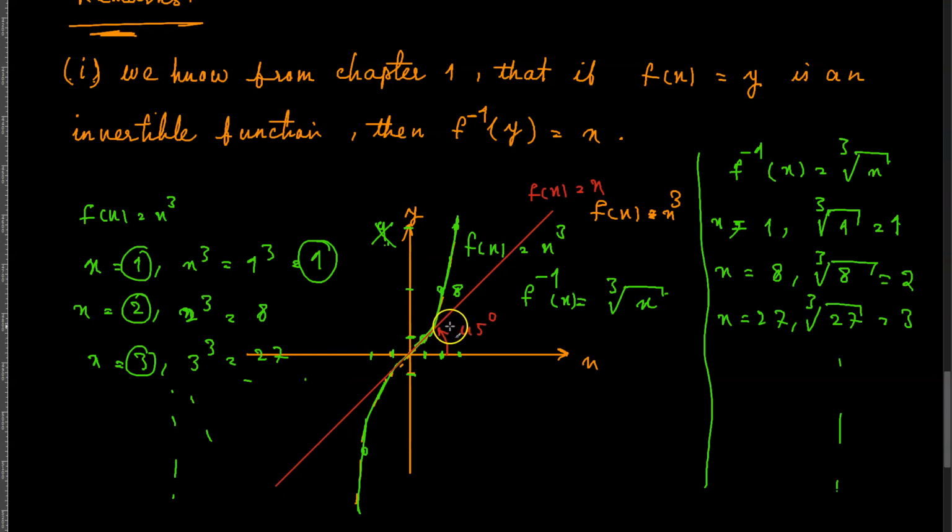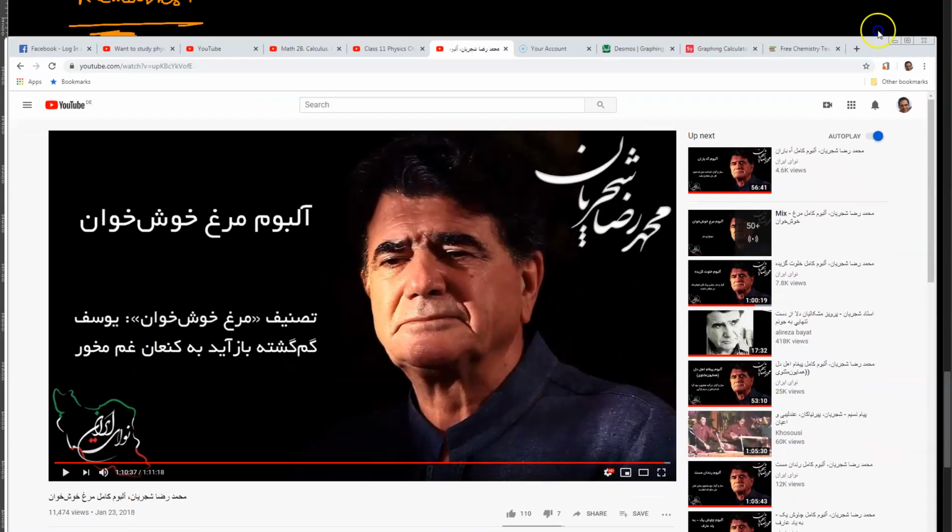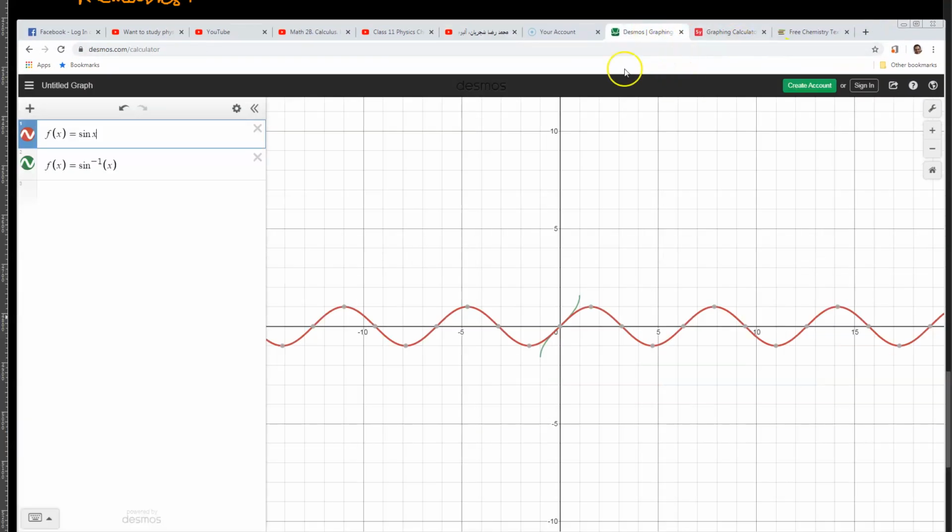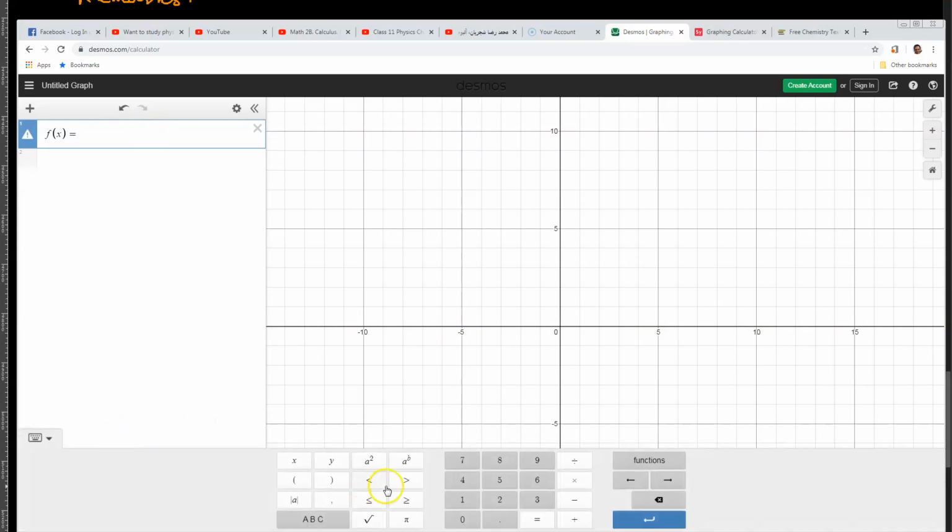Meaning that if I just simply draw the graph of the function f of x is equal to x cubed, if I simply draw the graph of the function f of x is equal to the cube root of x, which I don't know how to write, but we could hopefully find it over here.